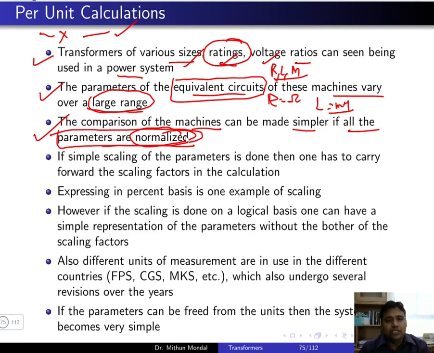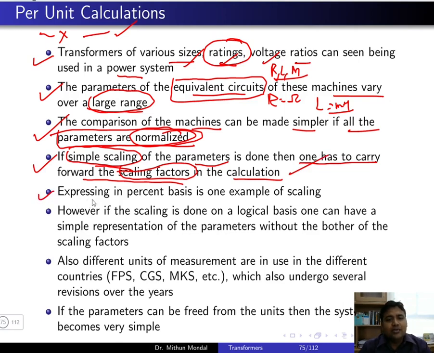for the different machines. If simple scaling of the parameter is done, then one has to carry forward the scaling factor in the calculation. So if we try to adopt any simple scaling, then there will be a scaling factor and this scaling factor will be carried throughout the calculation, which is not desirable.